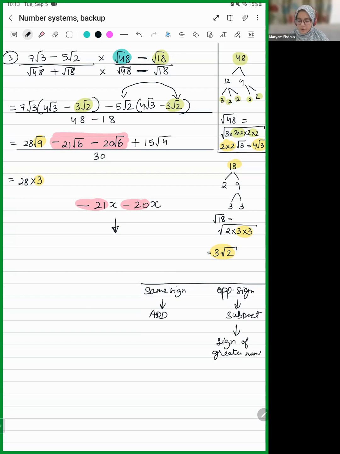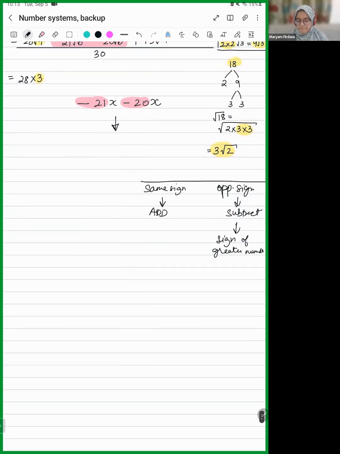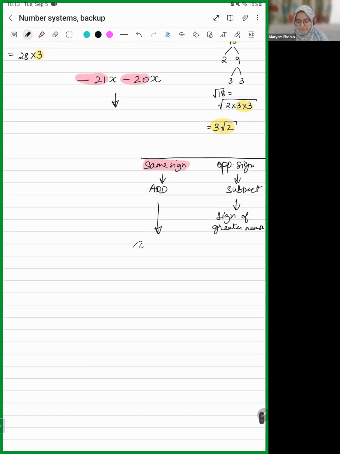What does this mean? For example, okay, Avni, can you give an example of two numbers which have the same sign and we are adding them? Minus 6 minus 4. Both of them have the same sign. So we will add them. So after adding, it becomes minus 10.